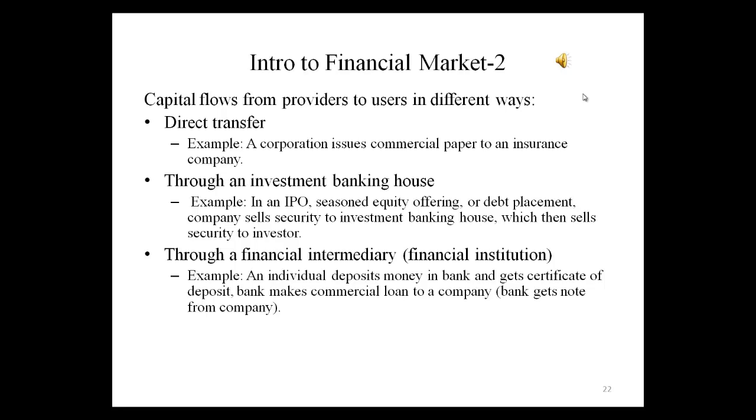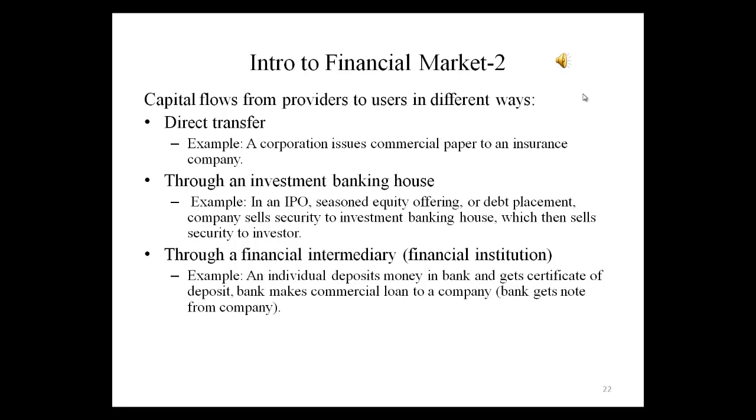For example, a corporation issues commercial paper to an insurance company. In this process, the corporation is the borrower and the insurance company is the provider. So the insurance company actually is providing money, or say capital, to this corporation. That is a direct transfer between the two sides.